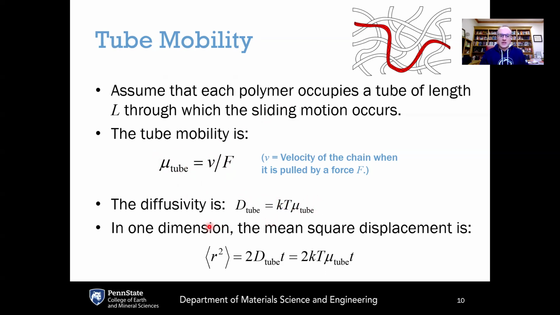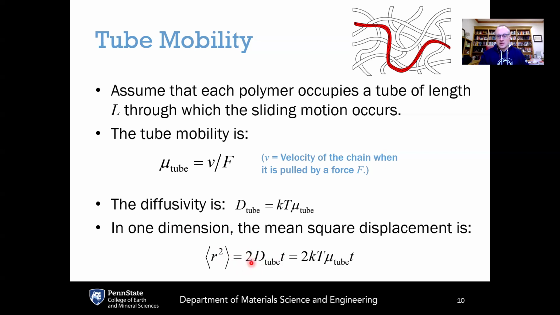And then putting this together, if we are in one dimension, because the polymer chain is moving along the one dimension, the linear dimension of the chain itself, then the mean squared displacement is equal to 2 times the diffusion coefficient times time.